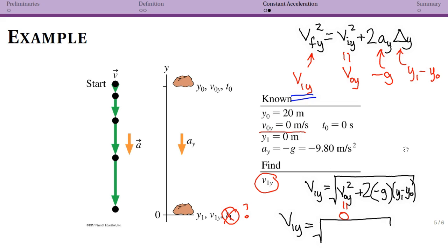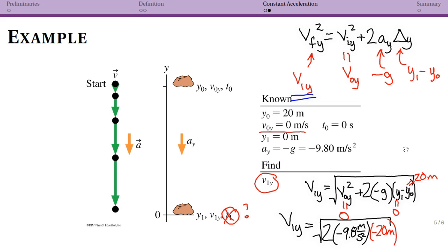Now this is where you have to be careful: I have 2 times negative g, which since this is on Earth is negative 9.8 meters per second squared. But be really, really careful that your y1 is equal to 0, and your y initial is equal to 20 meters. Note that it's 0 minus 20 meters, so this is negative 20 meters.